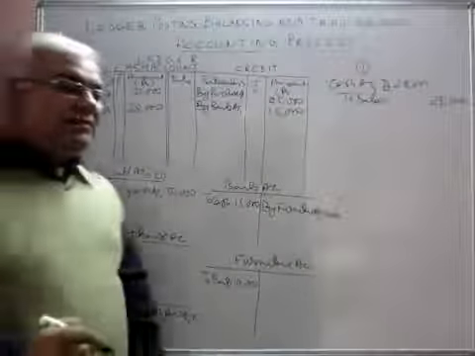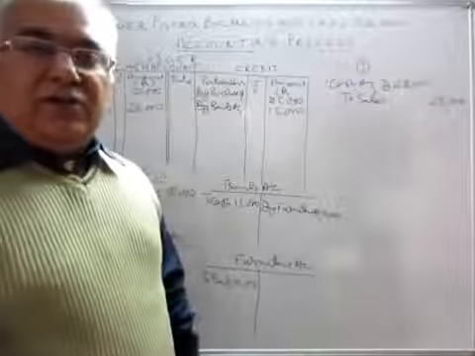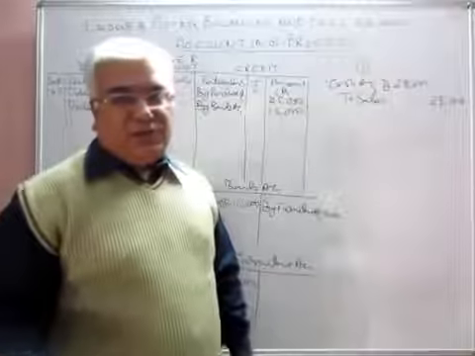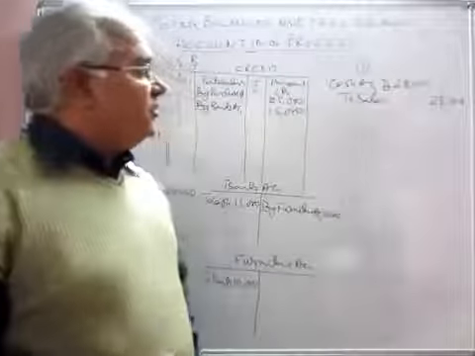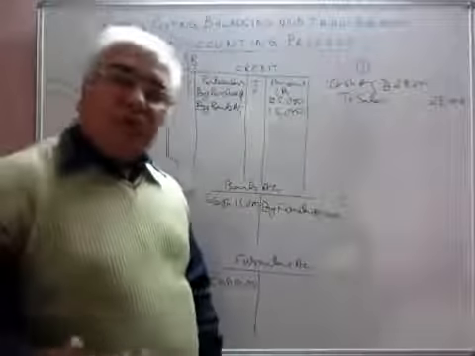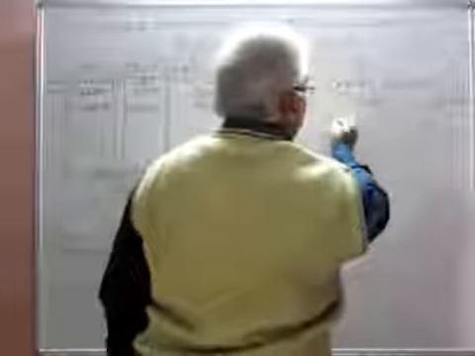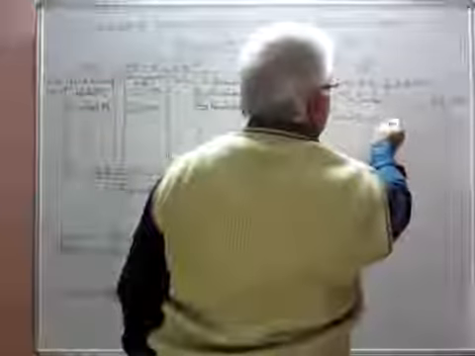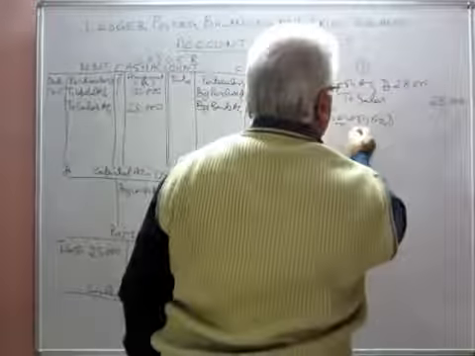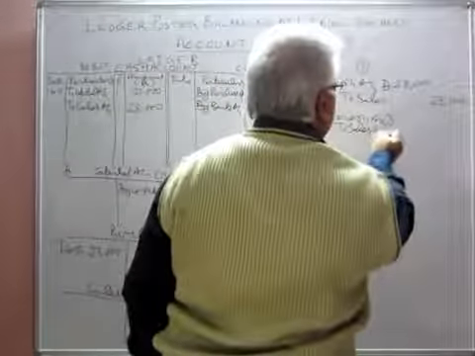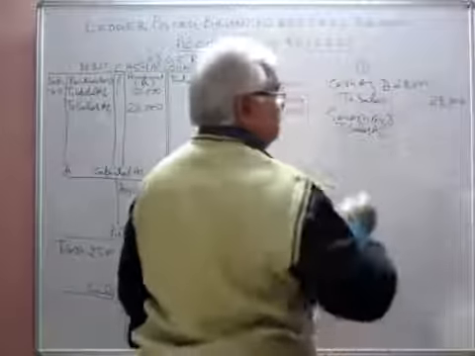Our next entry is if we sell goods on credit to say Suresh. We sell him goods on credit, so our entry will be Suresh account debited to sales. Suresh account debited to sales account. Say 12,000.